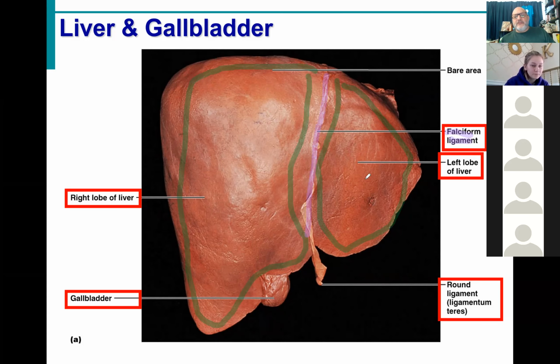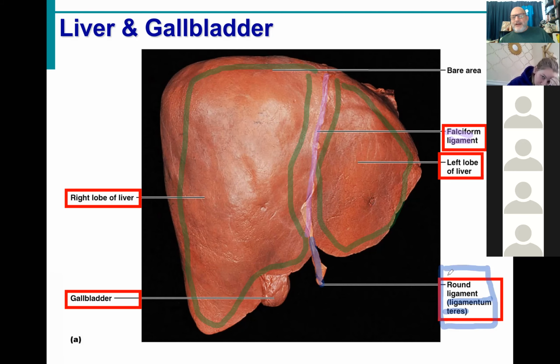So this falciform ligament clearly differentiates the right lobe from the left lobe of our liver. Interestingly, inferior, where that falciform ligament begins, there is what appears to be an extension of connective tissue known as the ligamentum teres, or the round ligament.